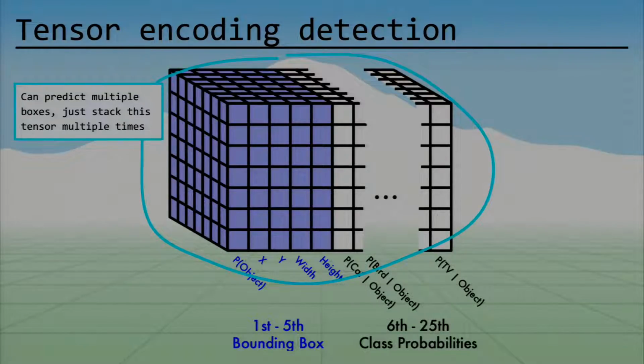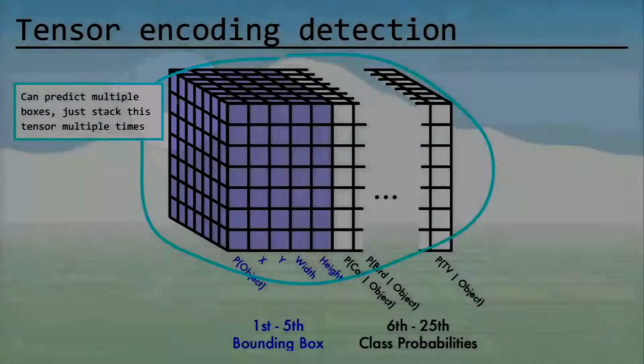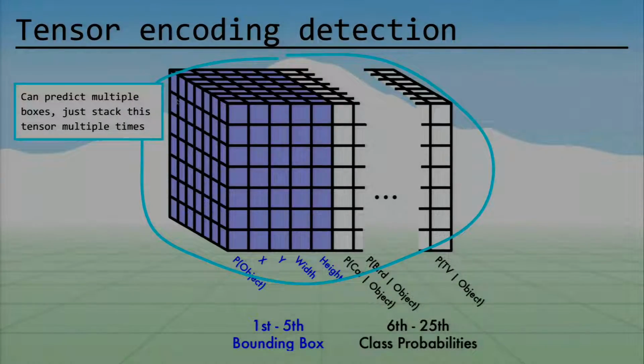And we could imagine this as basically predicting one set of bounding boxes over an image. In practice, we could actually stack multiple of these if, at some particular location, we didn't want to just predict one bounding box, but maybe a few. This is useful because oftentimes there is a wide variety of different sized objects in an image.